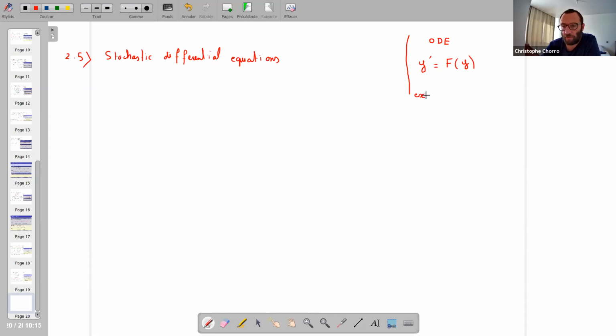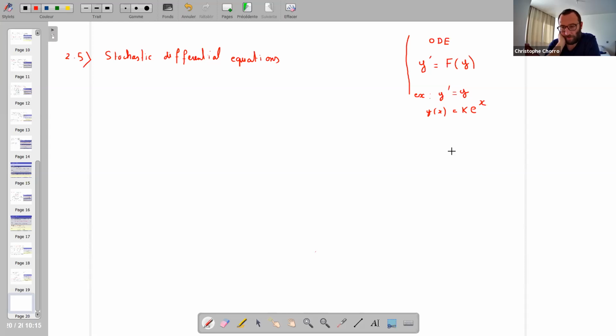For example, if you take y prime equal to y, and fix an initial condition, y is equal to a constant times the exponential mapping, so y of x is just a constant times exponential of x. So it's an ordinary differential equation, just a relation between a mapping and its derivative.